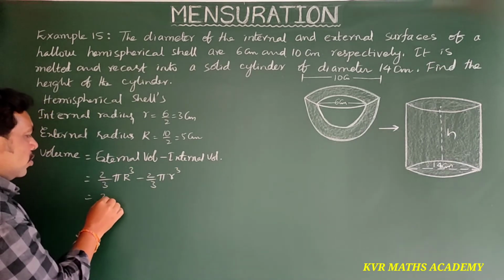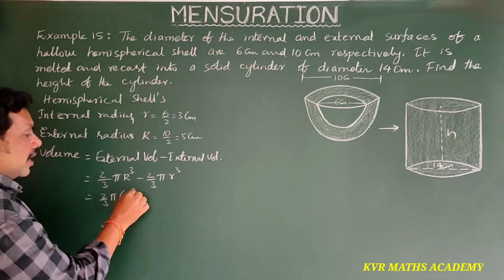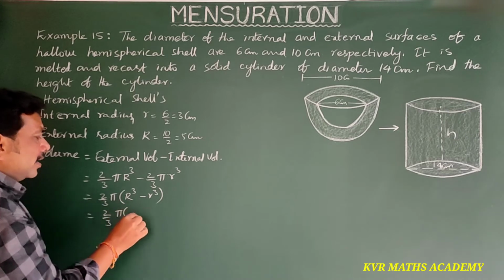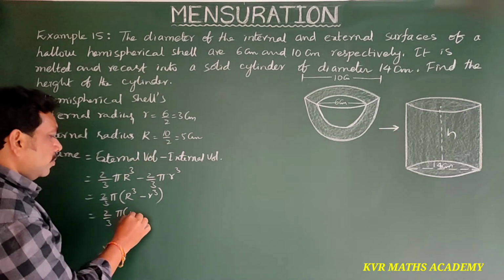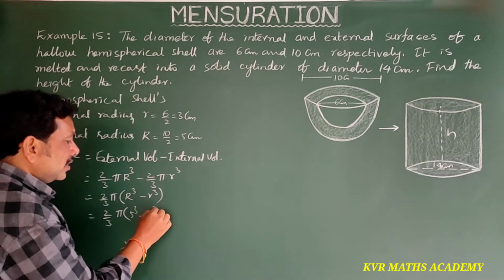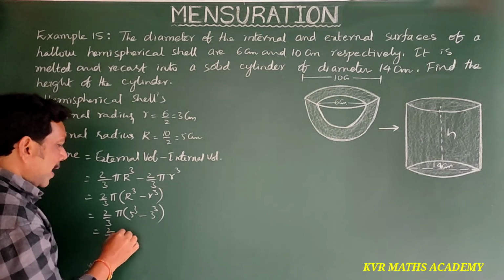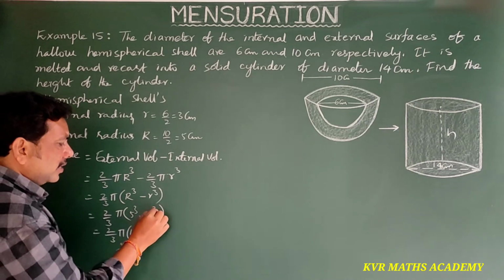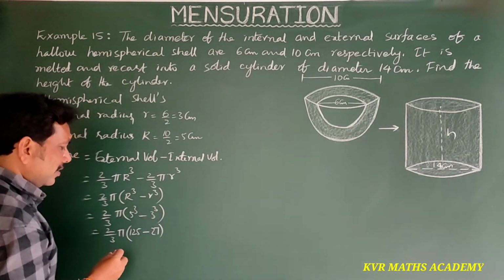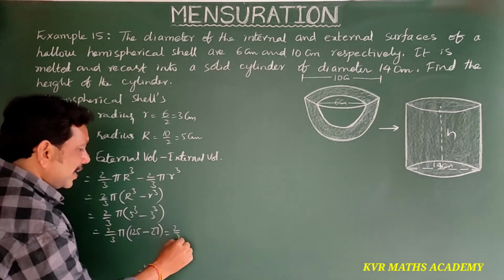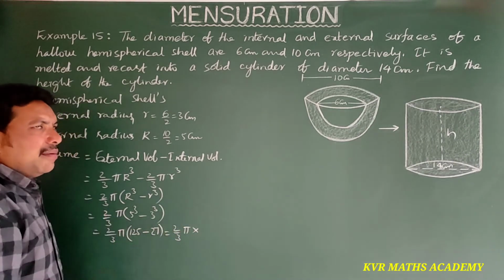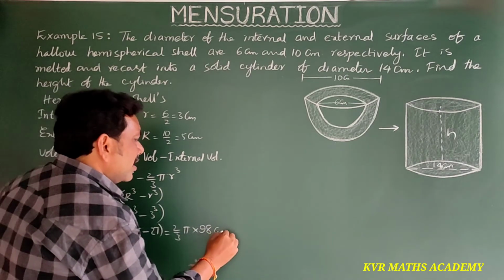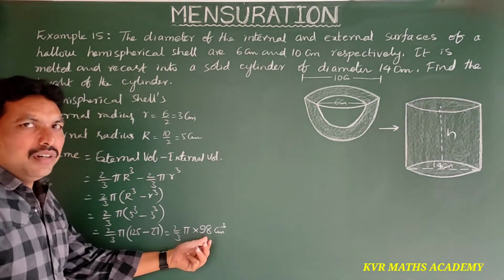Here 2/3 pi is common, capital R cube minus small r cube. That is equal to 2/3 pi into 5 cube minus 3 cube. So 2/3 pi into 125 minus 27. That is equal to 2/3 pi into exactly 98 centimeter cube. Keep it like this. Don't simplify it.